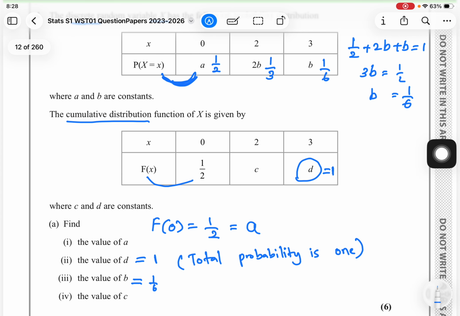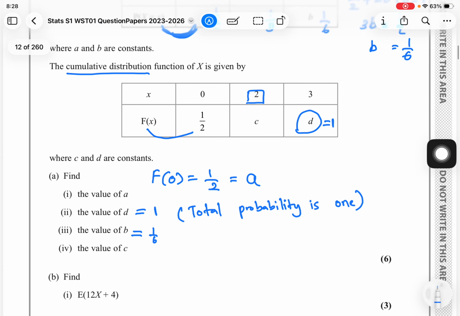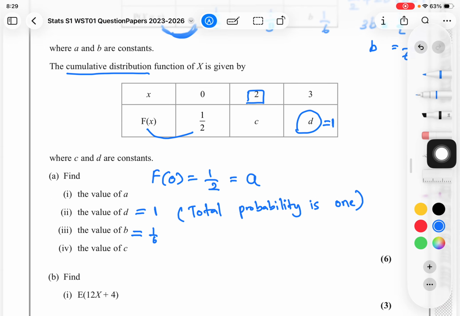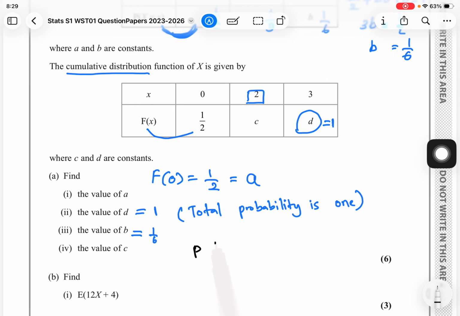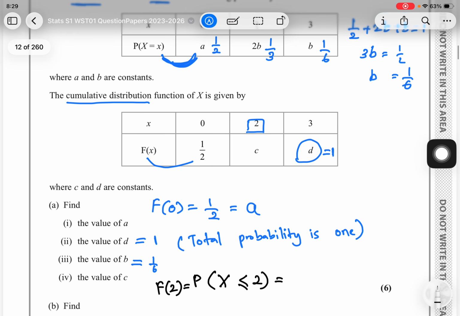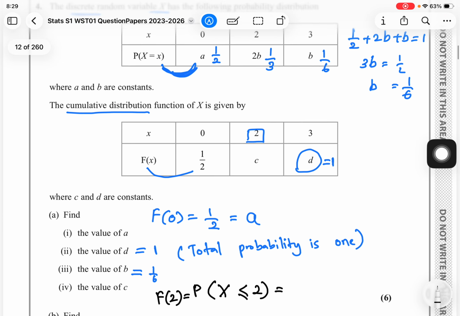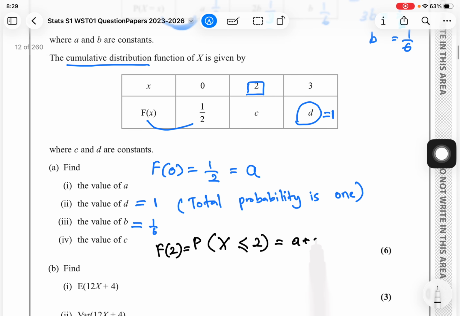If we know the probability is 1 over 6, we can check this one. The probability f2, which is the cumulative frequency, means x is less than or equal to 2. The less than or equal to 2 options are only a and 2b. So we can write a plus 2b, which is c.